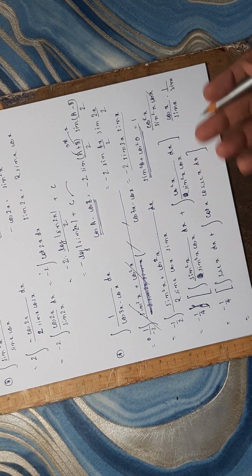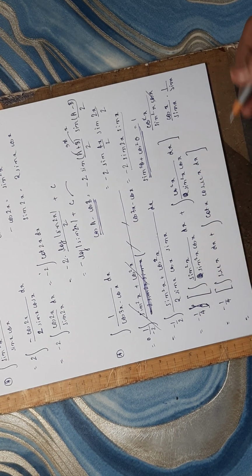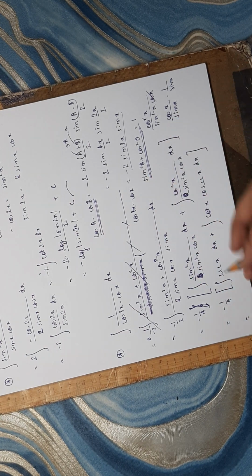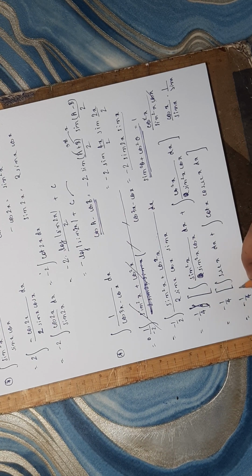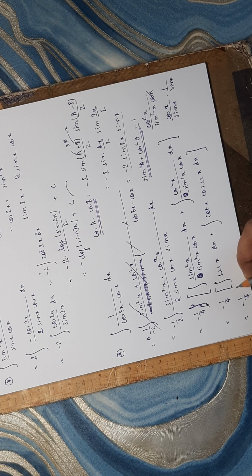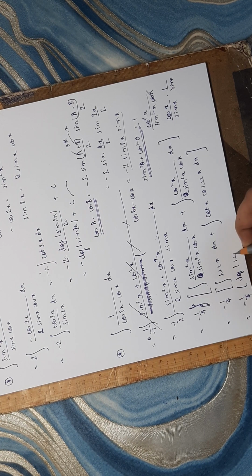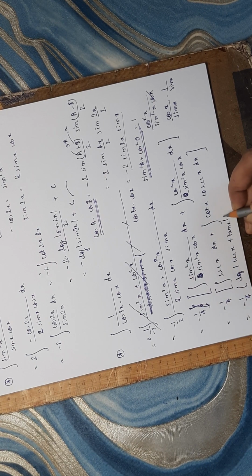Now you have to simply integrate it, and you know what the integration of sec x dx is. The integration of sec x dx is nothing but log of mod sec x plus tan x.